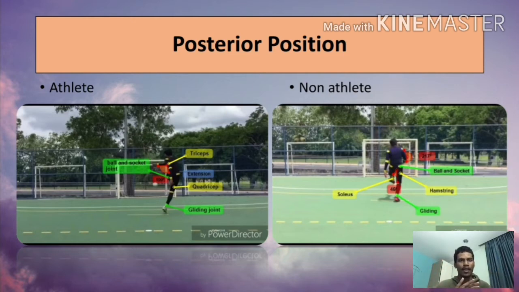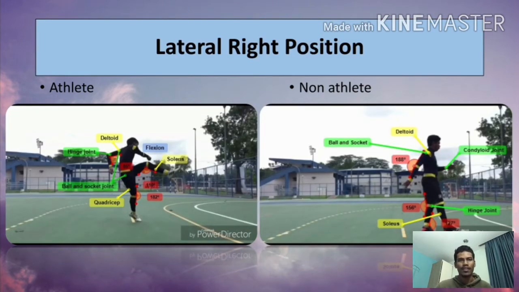And for both the left and right lateral positions, we can see that the athlete also lifts and straightens his supporting leg, which is the standing leg. He lifts his leg to reduce some weight from his body, which can protect him from injury.